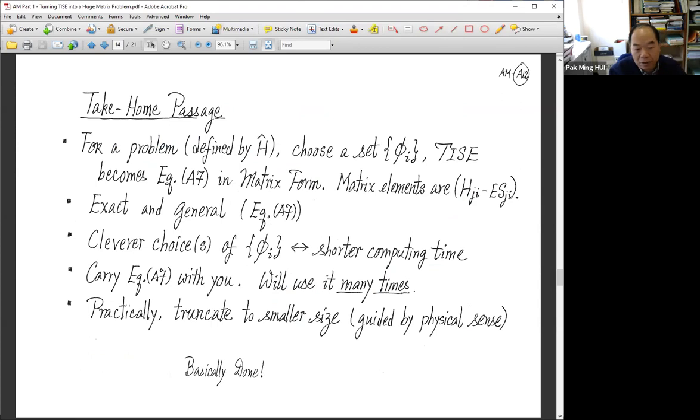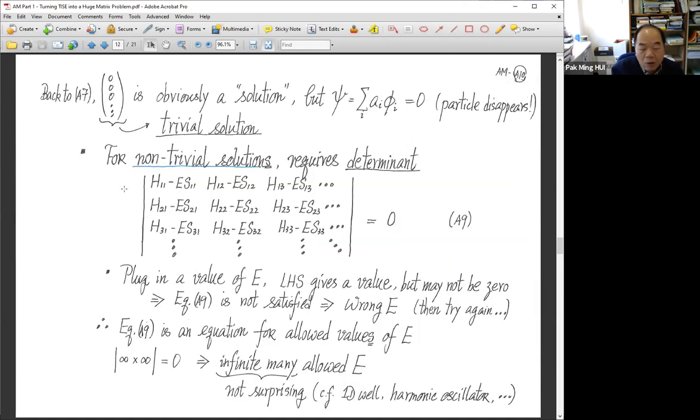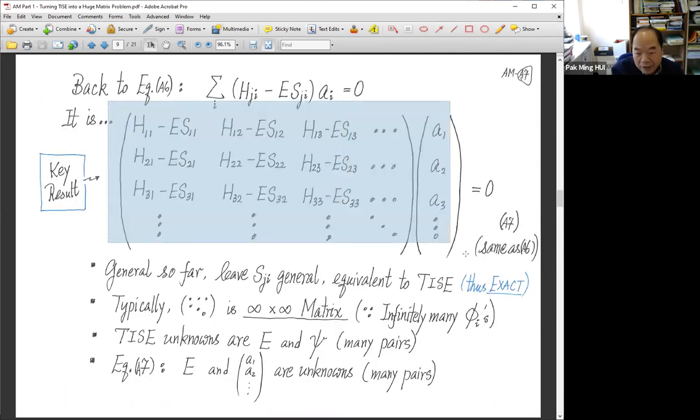It is exact, no approximation, all right? Some clever choices make these elements simpler. That will save you time, but that is technical, practical stuff, okay? The most important thing is still to carry this equation with you. So once you have a choice of basis, I mean this one, okay?